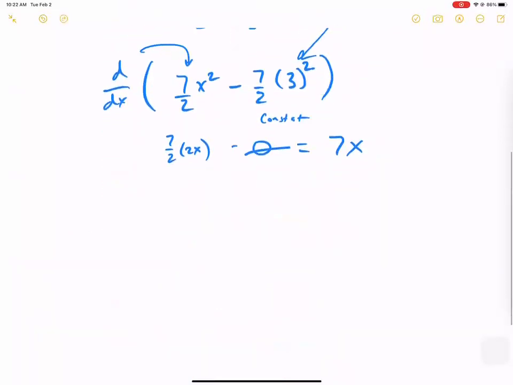Okay. So let me go ahead and give you guys another example. If I write d over dx of the integral of e to the 7v plus 1 dv from 764 to x.